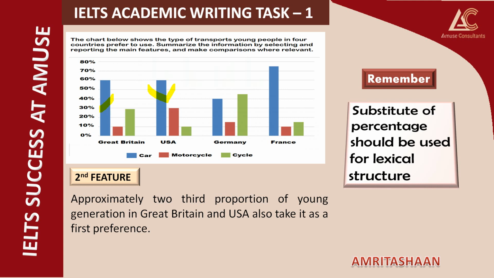So instead of saying 70% or more than 70%, you can say that approximately three-quarters of the generation or young people in France love to ride, love to commute by their cars. So you can work on substitutes of percentage for your lexical structure.